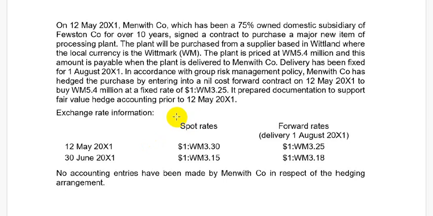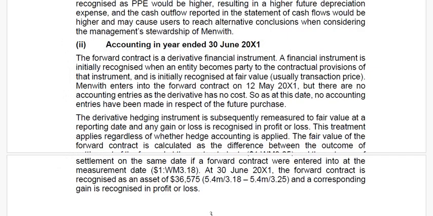So at the year end, we need to recognize the fair value movements at the year end, and then finally we need to recognize any gains or losses at the date of delivery. So at 30th June, the forward contract is recognized as an asset, which is the year end.